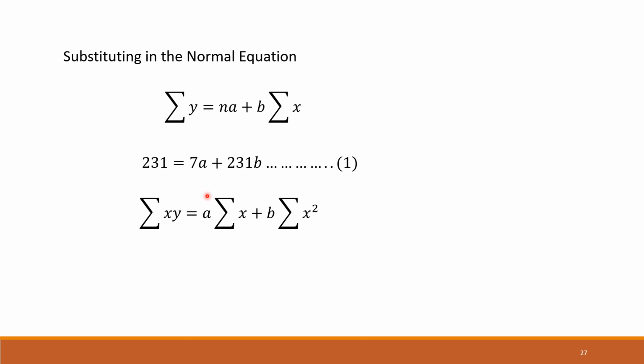The second normal equation is got by multiplying the equation of the straight line by x and taking the summation. So we get two equations. These types of problems we have already solved in the previous lecture. Solving these two equations simultaneously, we get the values of a and b.